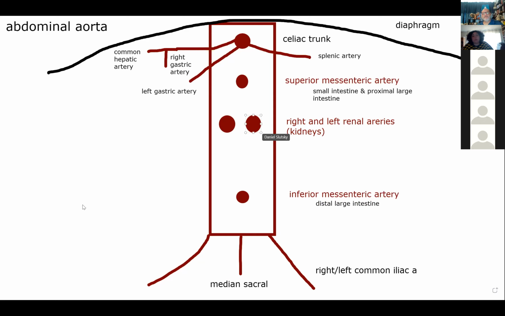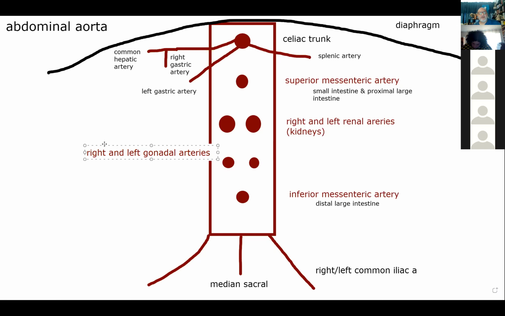Any more? Gonadal arteries. Excellent. Paired or unpaired? Paired. Excellent. We have those paired gonadal arteries, so a right and a left gonadal artery.